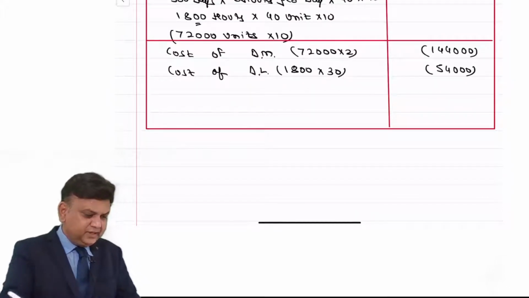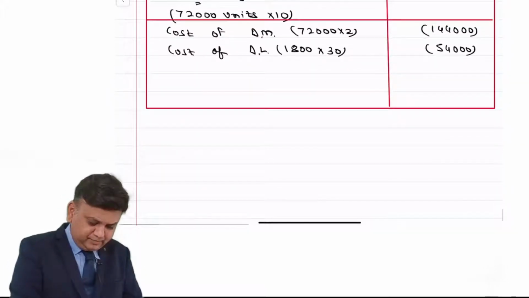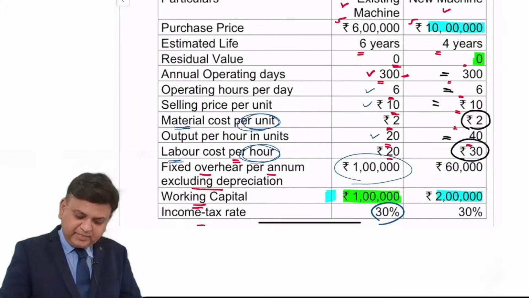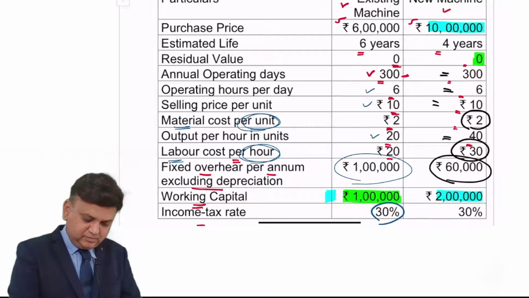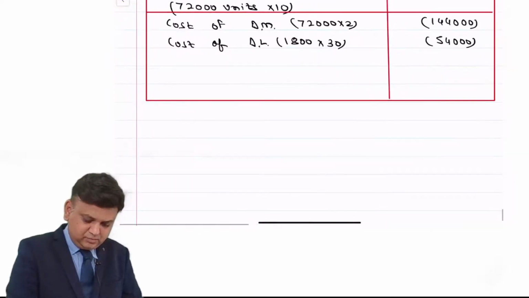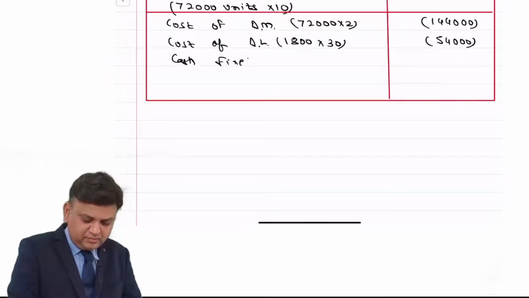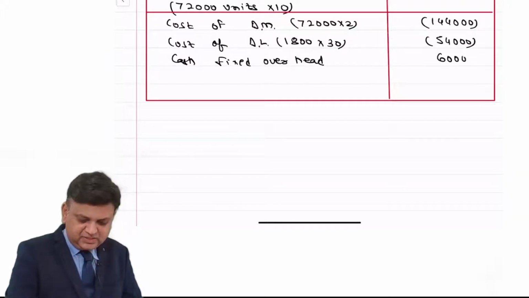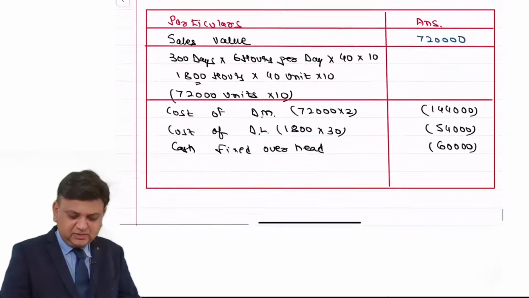Then we have been provided with the fixed overhead. It is provided as 60,000. Cash fixed overhead, it is 60,000. That's it.